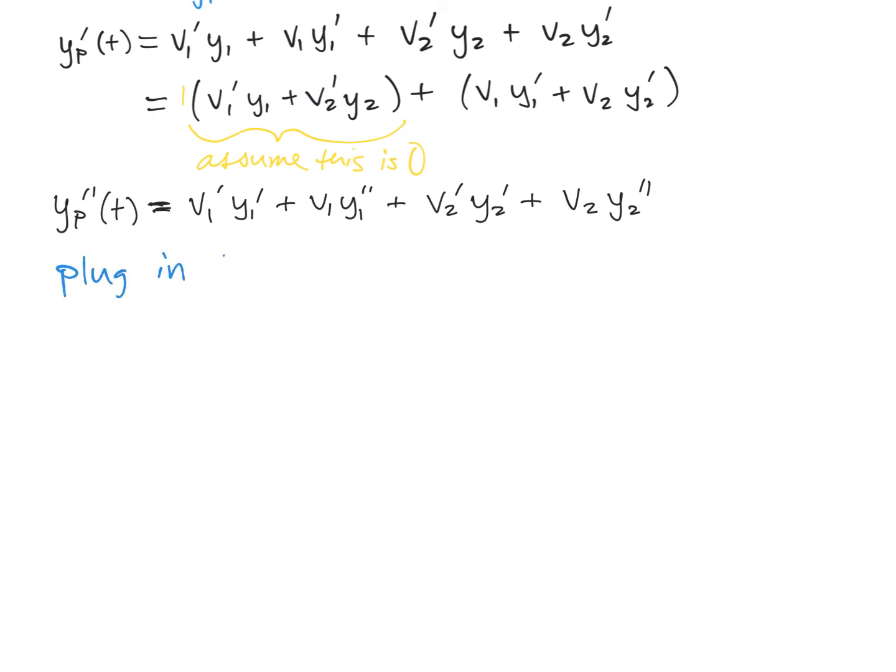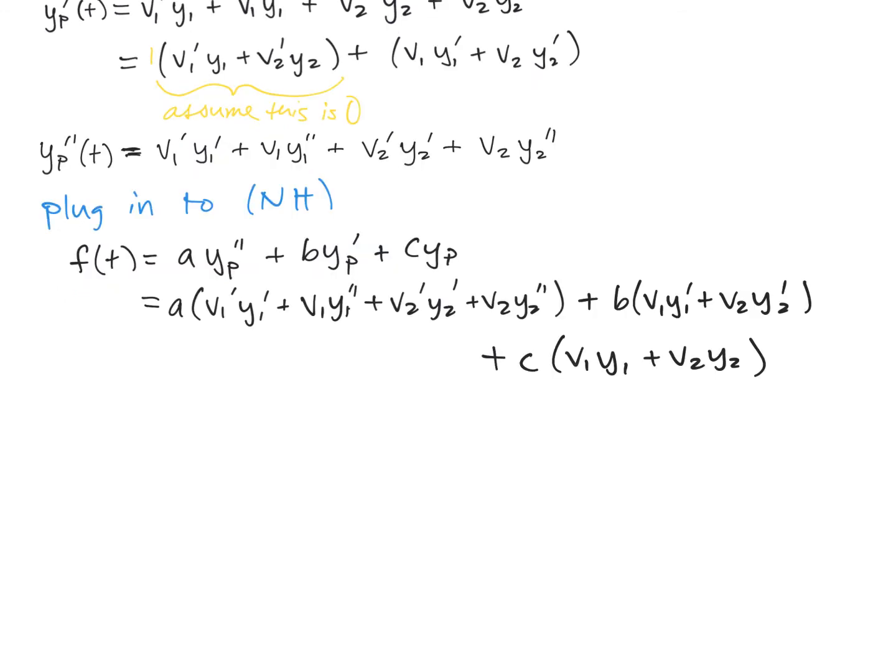So we'll plug into NH, and I'm going to pause and write this out. So that's what I get when I plug everything in. I've written it a little bit backwards just for ease of seeing things. So I've got my f now on the left-hand side, and I'm plugging just yp and its derivatives into our equation.